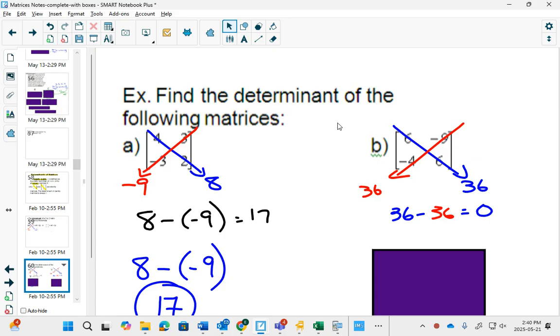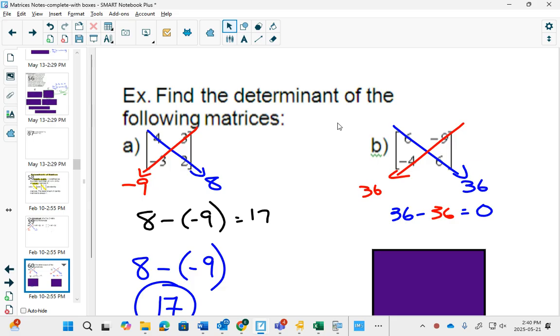And inverses cancel things like with functions. Inverses cancel each other out. Like what's the inverse of x squared? Square root. And if you square root an x squared, you just end up with x. So inverses cancel each other out.